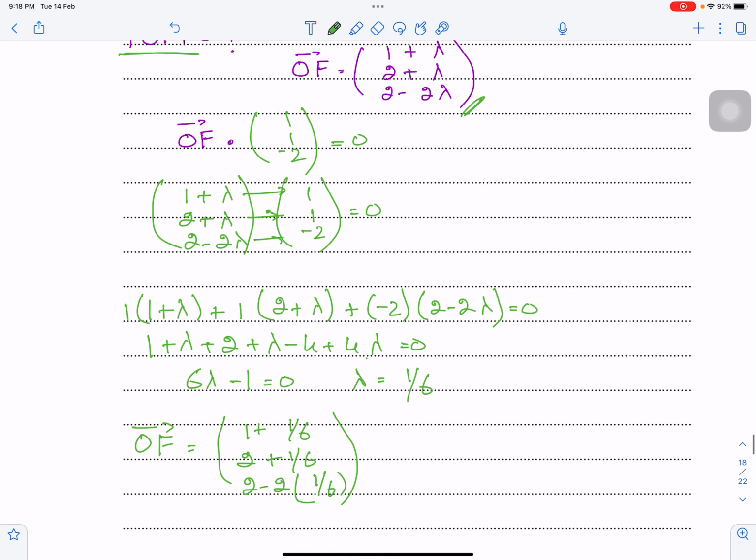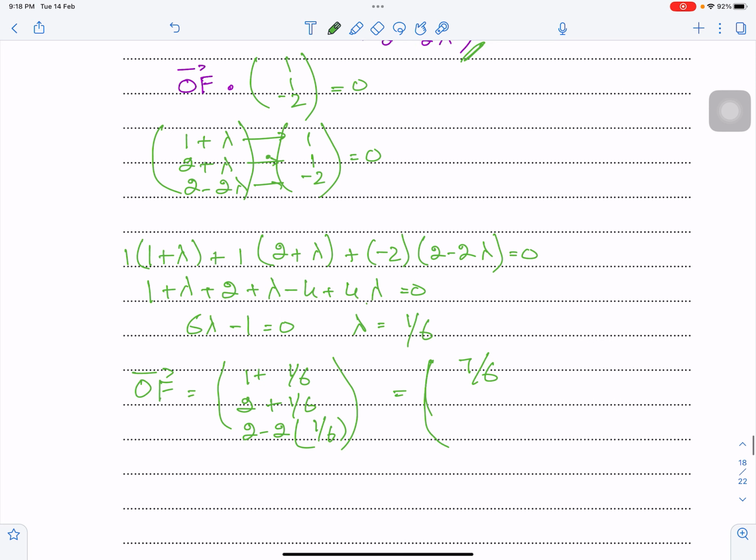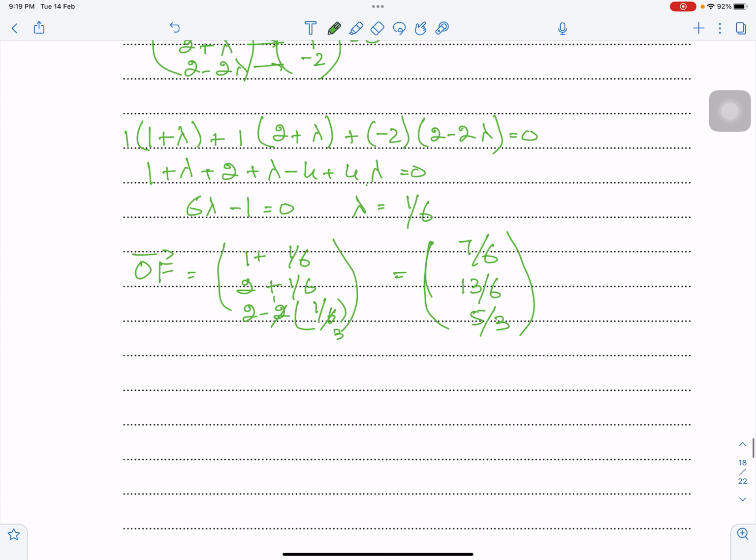This gives me 7 over 6, 13 over 6, and 5 over 3. So I got my vector OF.